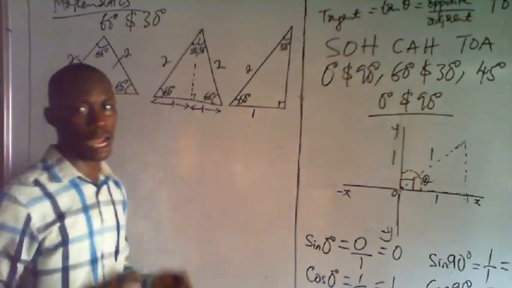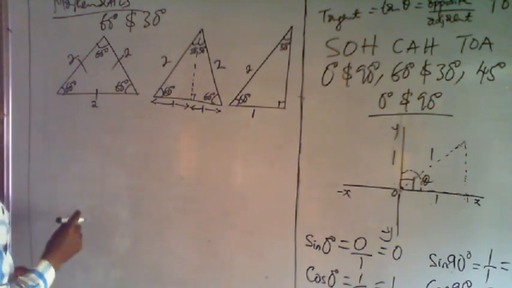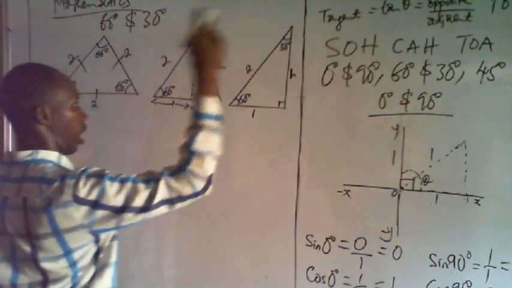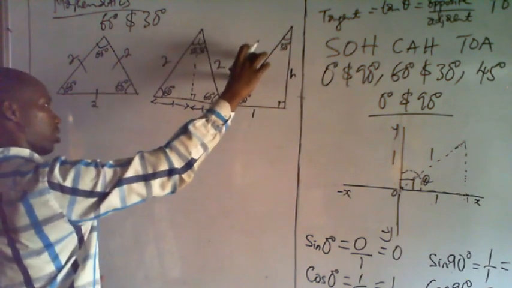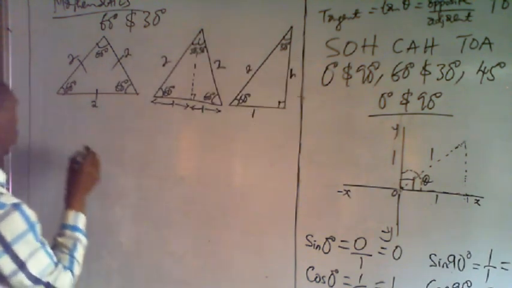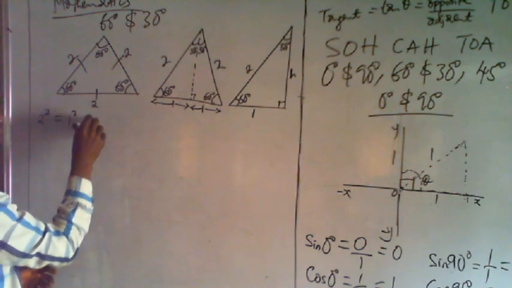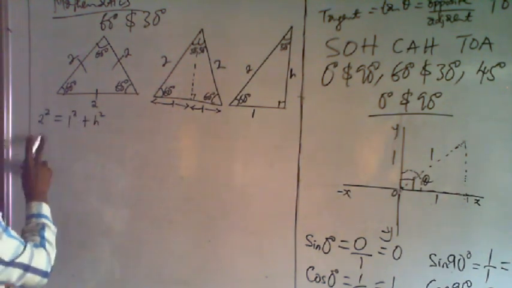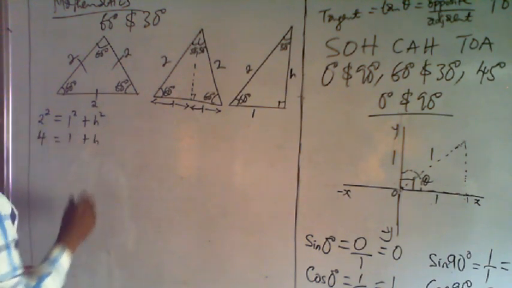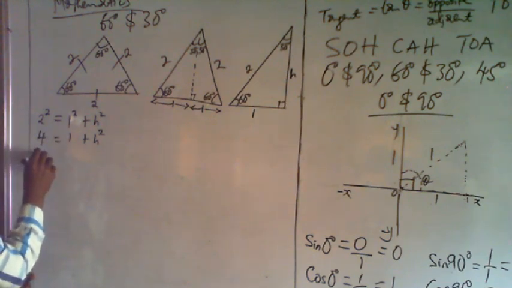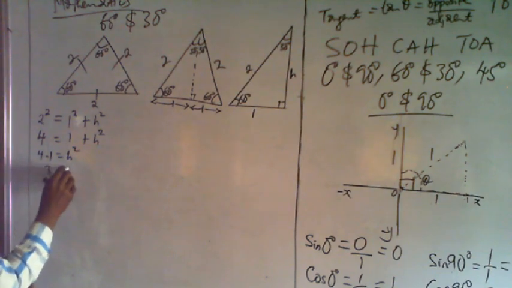To find this, I will make use of the Pythagoras theorem. Should I assign here the value h? Pythagoras theorem states that the square on the hypotenuse is equal to the sum of squares on the other 2 sides. So that 2 squared is equal to 1 squared plus h squared. And this will give us 4 equals 1 plus h squared. 1 comes over here. 4 minus 1 gives us h squared. 4 minus 1 is 3, h squared.